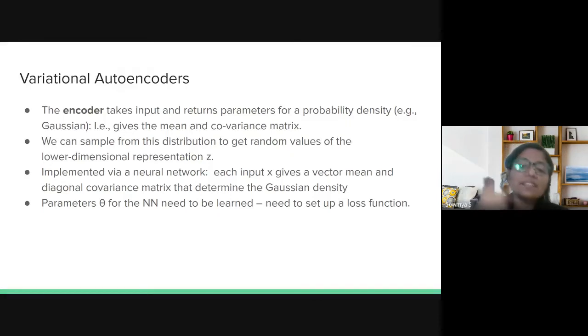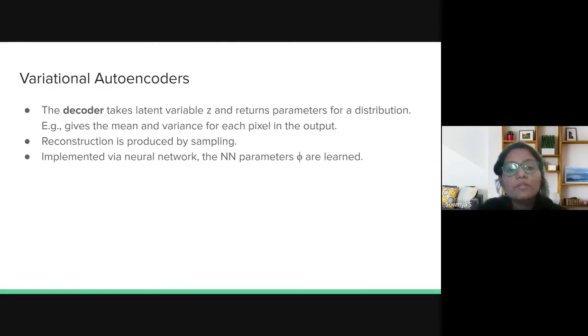Now you can imagine this is a far more complex network, and you need more data and more care in back propagating and so on. Because here you're not simply back propagating weights, of course, eventually yes, but it should follow the rules of probability. Here again, the decoder takes the vector and returns the parameters.